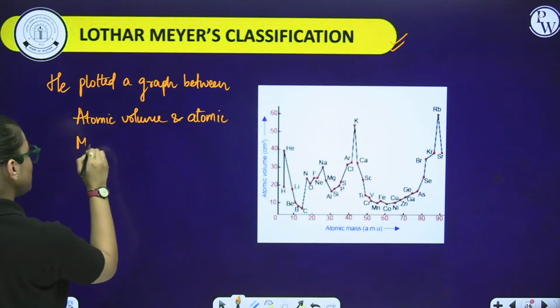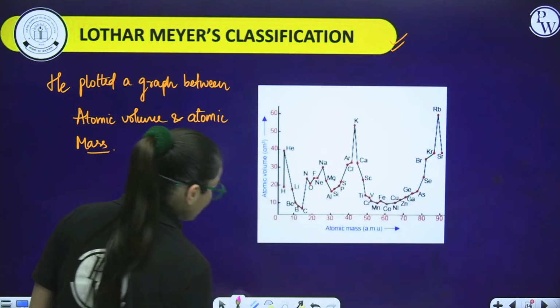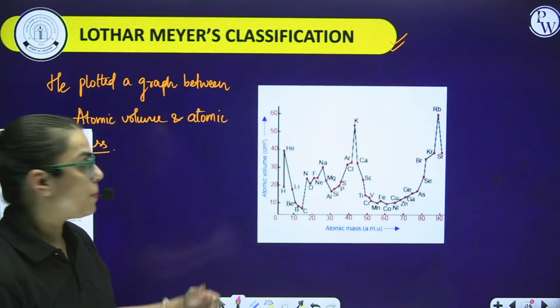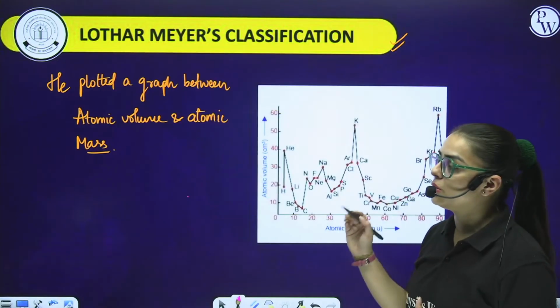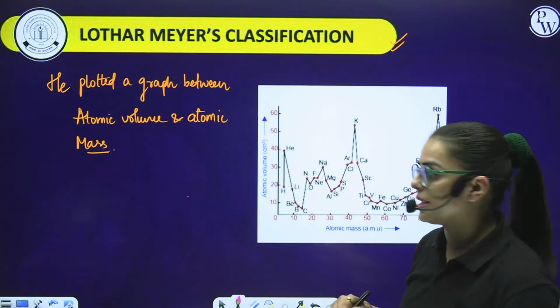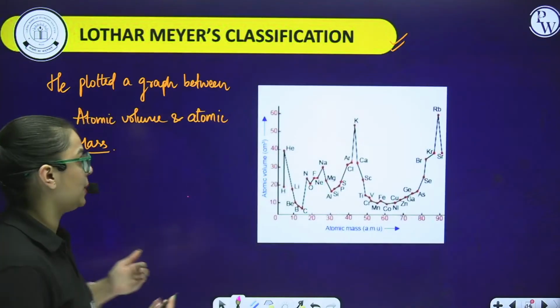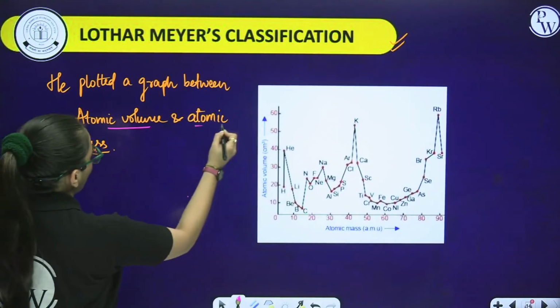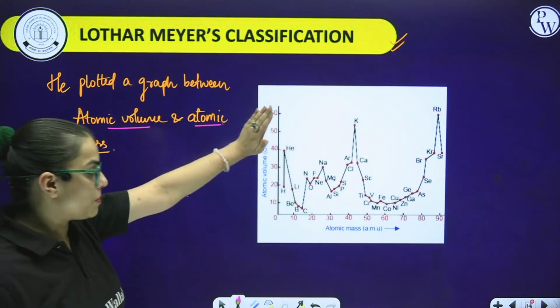So its principle is based upon atomic volume and atomic mass. Till now, the scientists were only focusing on the atomic weight, but over here the graph is plotted between atomic volume and atomic mass. Atomic volume, students, will be taken on the y-axis, atomic mass on the x-axis.